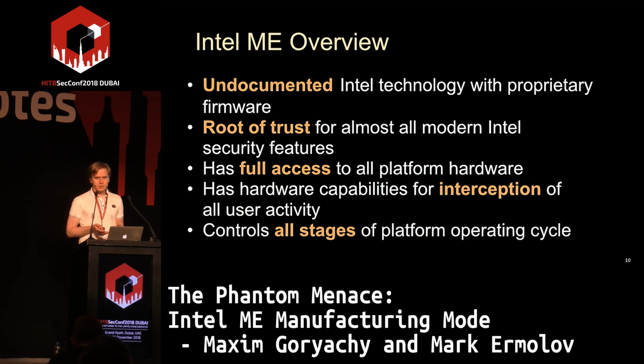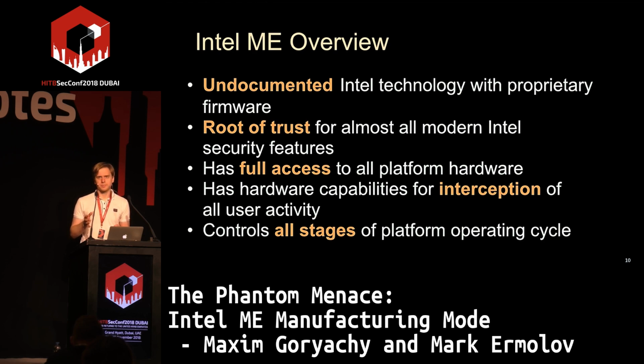What is Intel ME? How many people know what it is? Please raise your hand. Okay. Good. First, it's almost undocumented and very powerful at the same time. For example, it has full access to your platform's hardware, including the CPU complex. It has capabilities to intercept everything that you're doing on the PC.